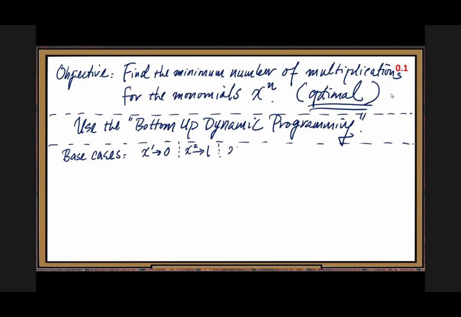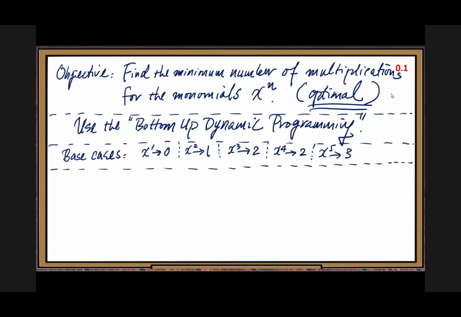X cubed, 2 multiplications. X to the fourth, 2 multiplications. X to the fifth, 3 multiplications. Although we may not need that many, when we start our dictionary at the base level, we can fill in the simple data easily.